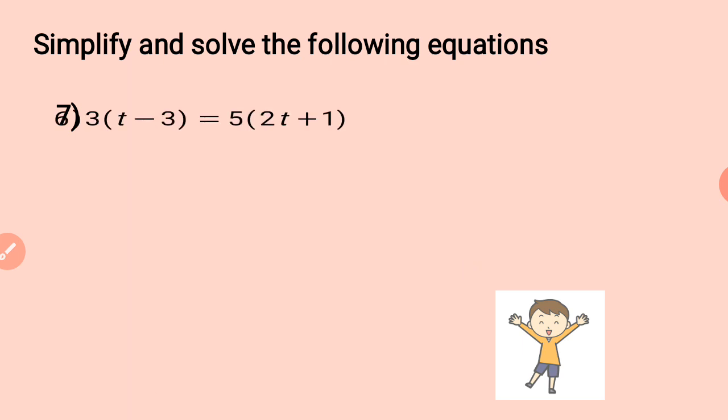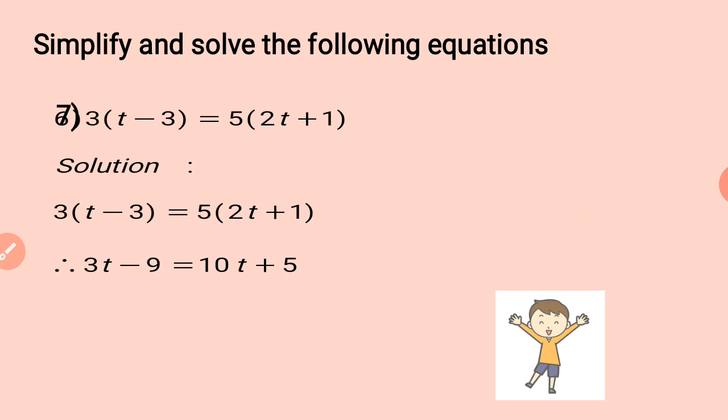Next question, simplify and solve the following equations. Here brackets are there and in front of the brackets you have certain numbers. So what is the method? You have to open the bracket. When you open the bracket, this is what you get. 3 is multiplied by t and you get 3t. Then 3 is multiplied by minus 3 and you get minus 9.